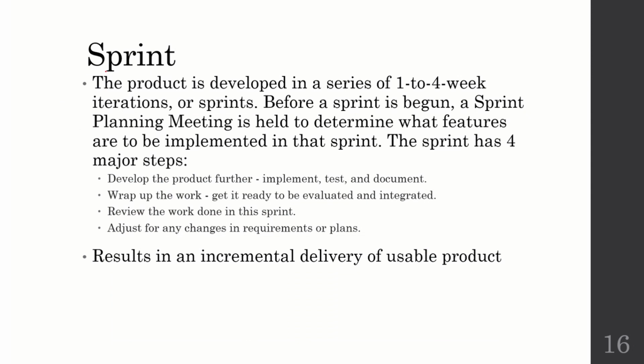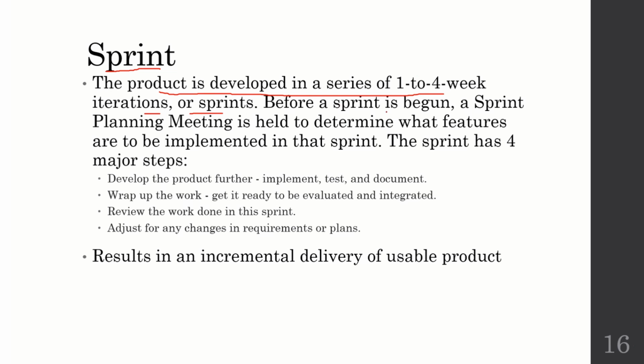So this will divide the work and give you the opportunity to build the product in short iterations. Having a closer look at what a sprint is, we can see that in this phase, the product is developed in a series of 1 to 4 weeks, that is known as an iteration or a sprint. So these two terms can be used synonymously, and in a sprint, we need to have a subset that is established in a time period of 1 to 4 weeks.